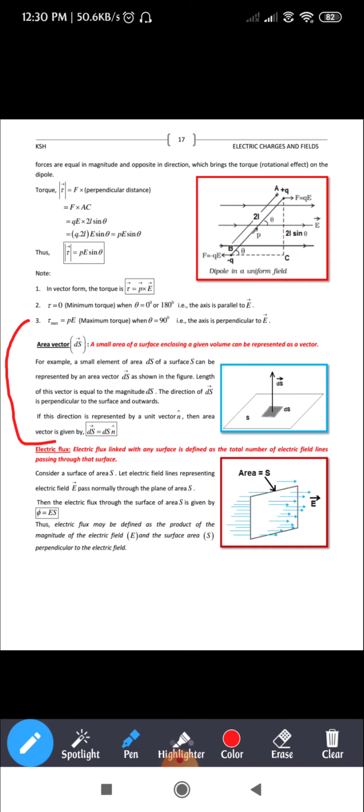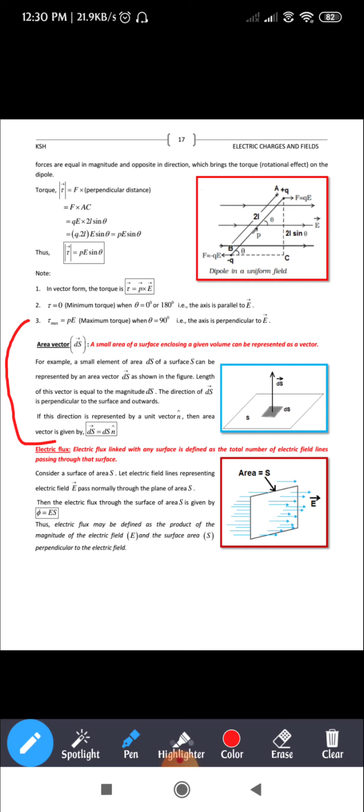So see here, the definition of area vector is that it is a small area of a surface enclosing a given volume. In the figure you can see S is a surface.